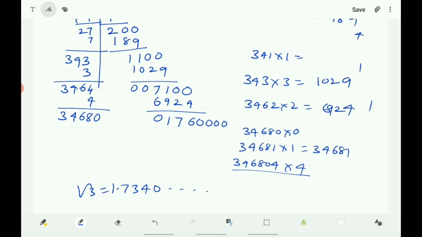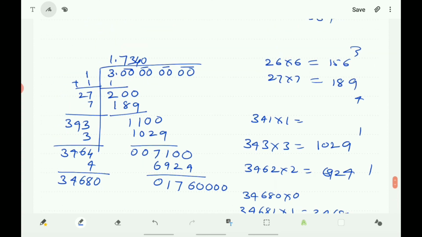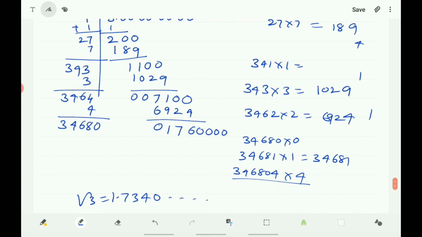Therefore, root 3 is also irrational. In this way, root 2, root 3, root 5, root 7 have non-terminating, non-recurring decimal expansion. So, they cannot be expressed in the form of p by q. Therefore, they are irrational.